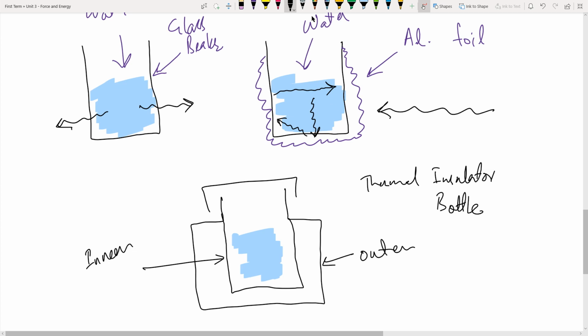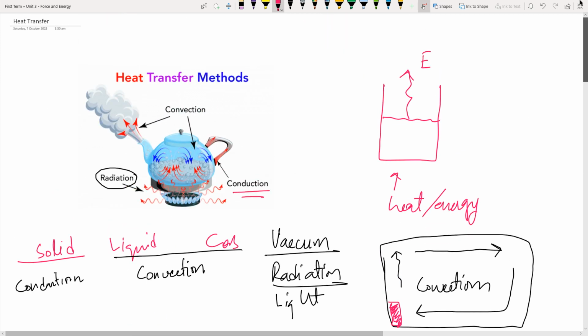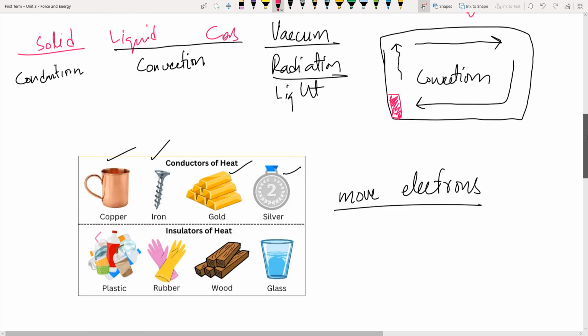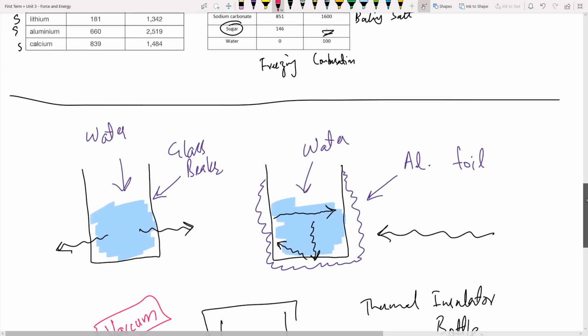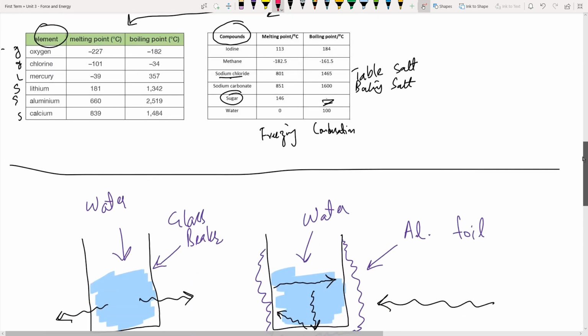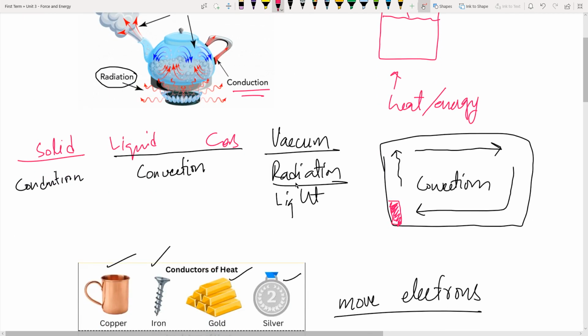And in between the two, we maintain a vacuum. By vacuum, that means once you create a vacuum between these two layers of metal, if you remember, we discussed in the topic of modes of heat transfer that in vacuum only radiation can occur, and for that we're using metal to reflect radiation from inside into the inside and from outside to keep the radiation outside.